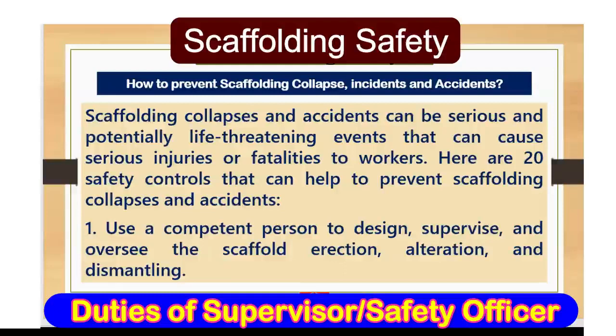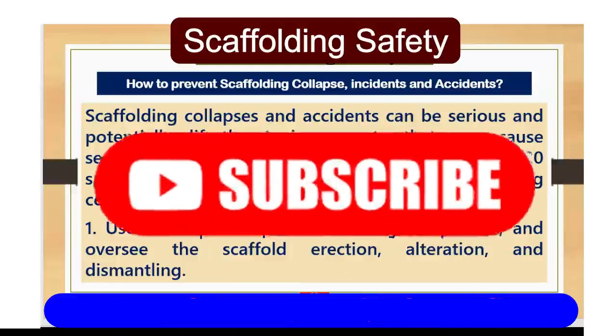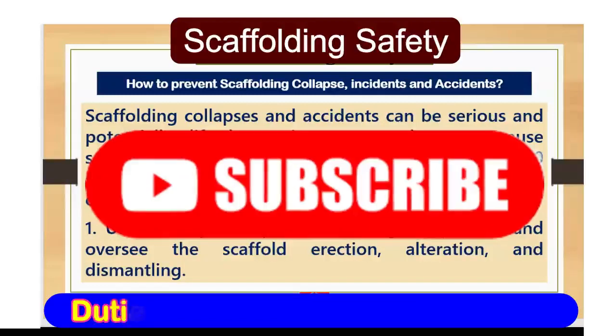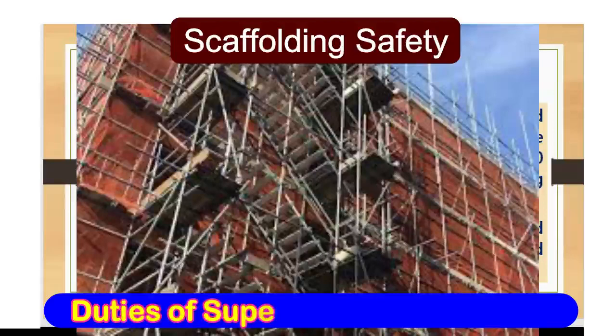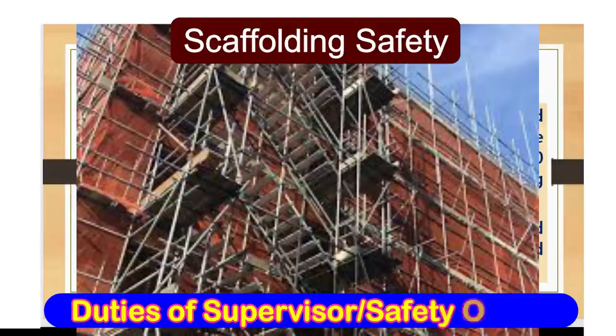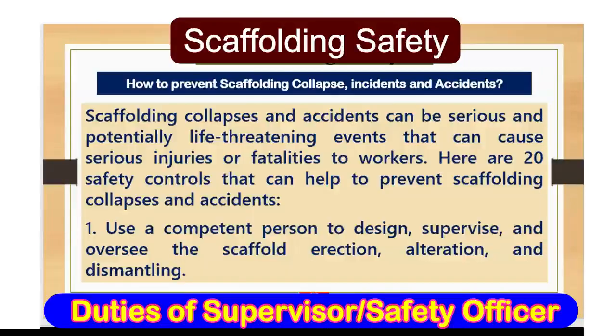After discussing the duties of a safety practitioner when he or she is inspecting a scaffolding structure, let us discuss now the safety controls, how we can prevent and avoid scaffolding collapses, incidents, or workplace accidents.